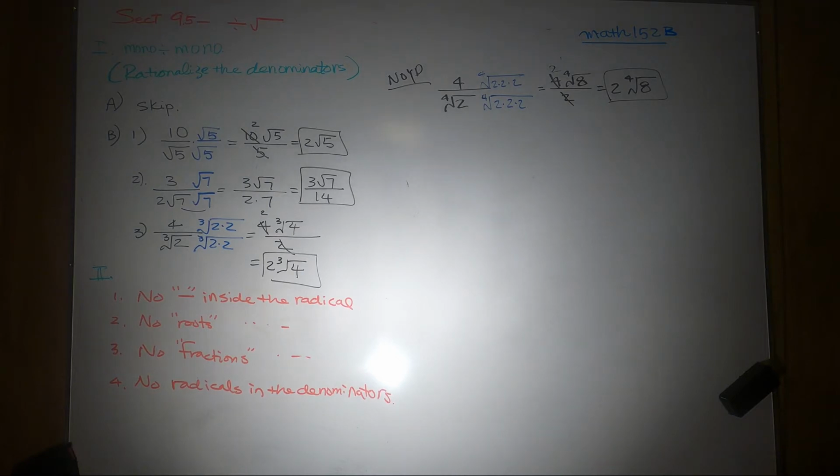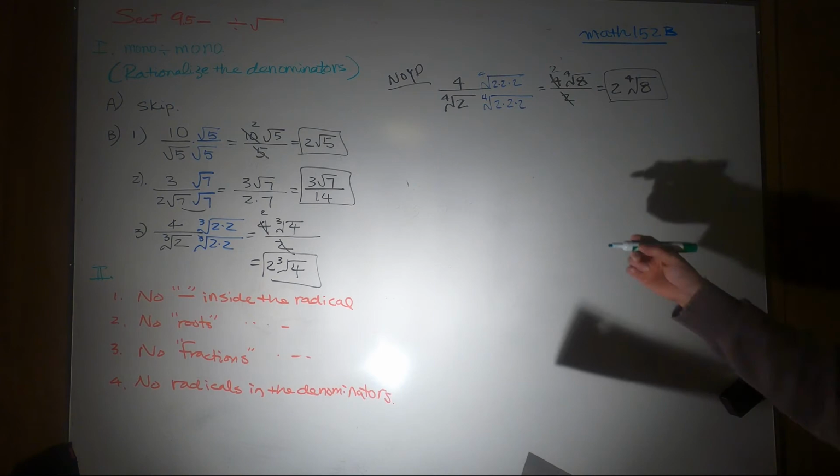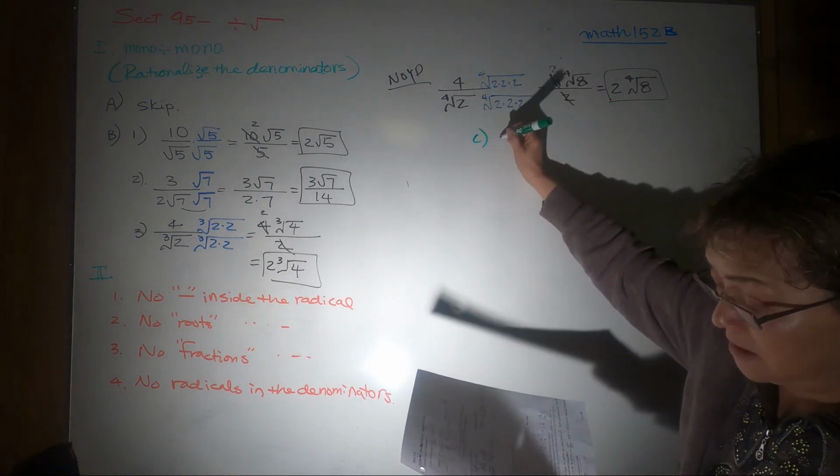Okay, then what happens if you have more terms, more than 1 term? Okay, so the idea is this way. Look at your page 43 on the bottom for the process, how we usually do.